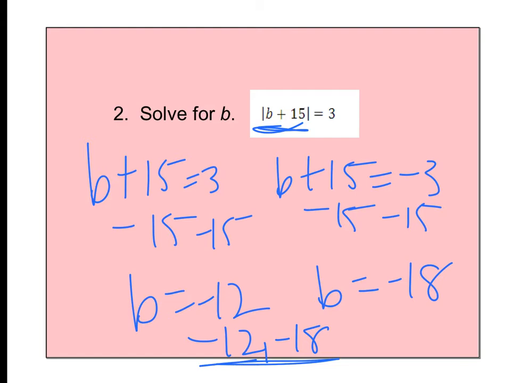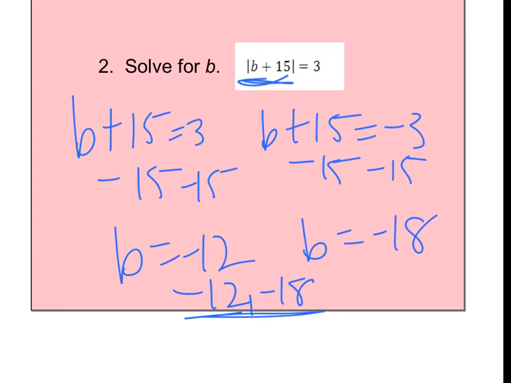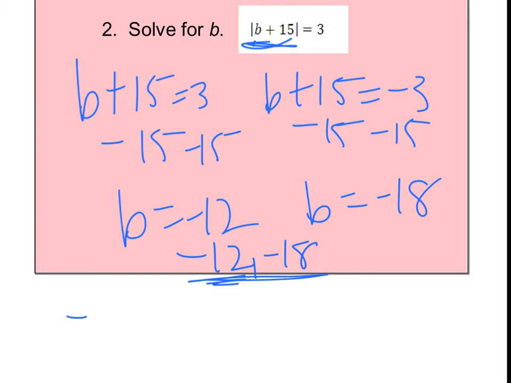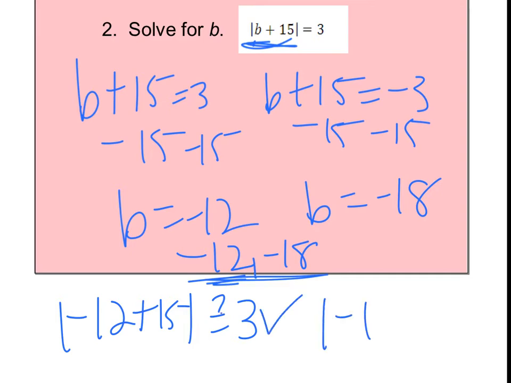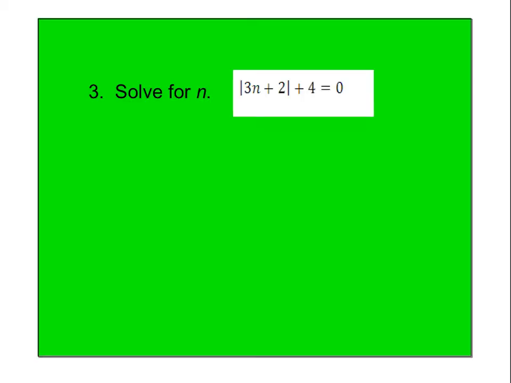Mr. Heron, you just told me absolute values are never negative. And that is true, but the numbers I can put in here can absolutely be negative, and you can even check. Let's check here. Does negative 12 plus 15, if I take the absolute value of that, does that equal 3? The answer is yes. If I go negative 18 plus 15, does that equal 3? Yes. So both of those are going to work.